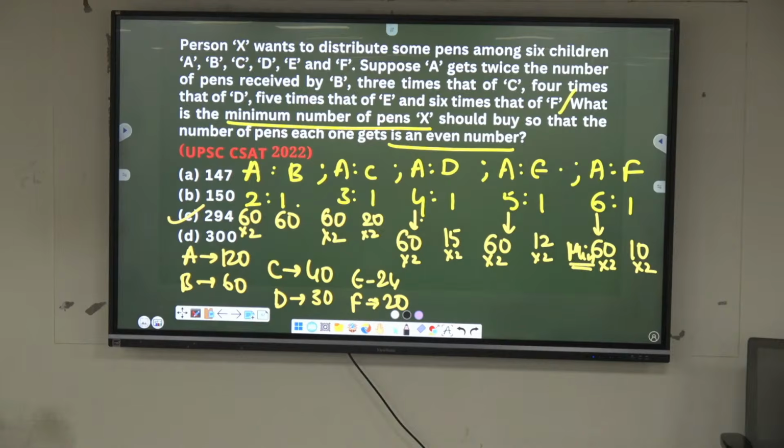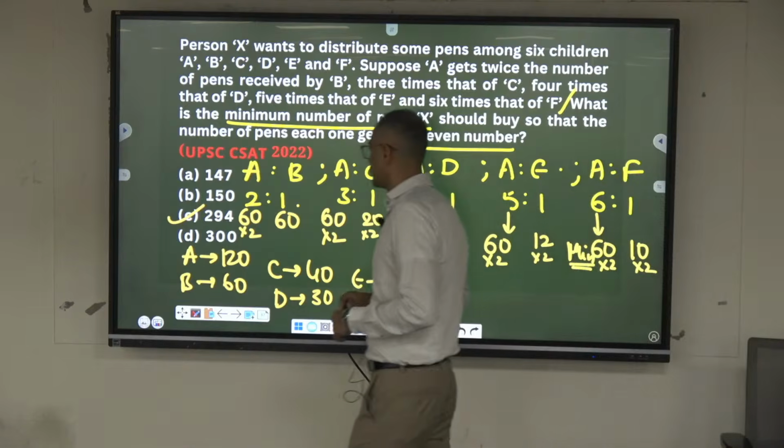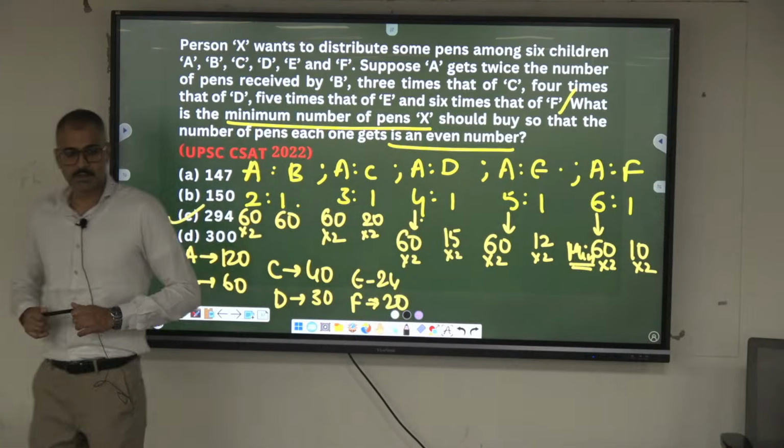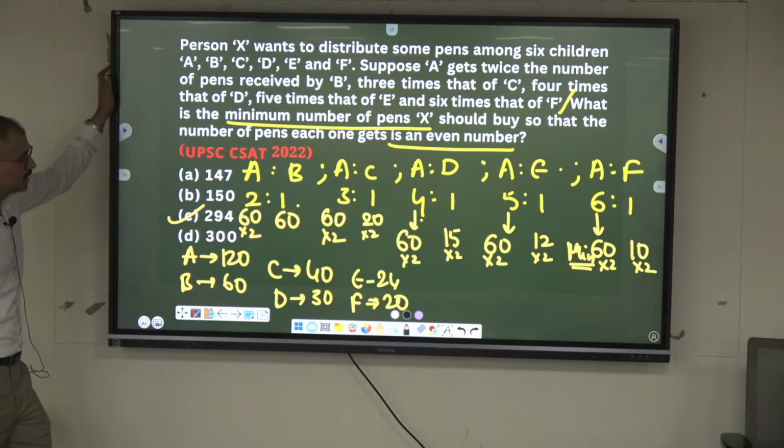Okay, assume LCM for A, which is 60. Since he has mentioned even, multiply it by 2. Because if you assume 60, D won't get even. Okay, shall we continue, sir? Shall I move?